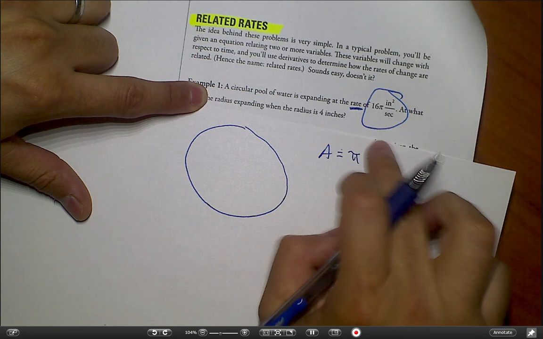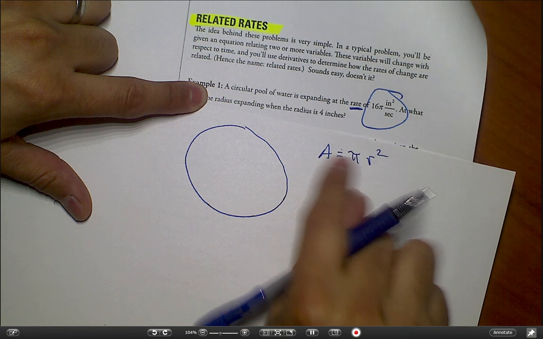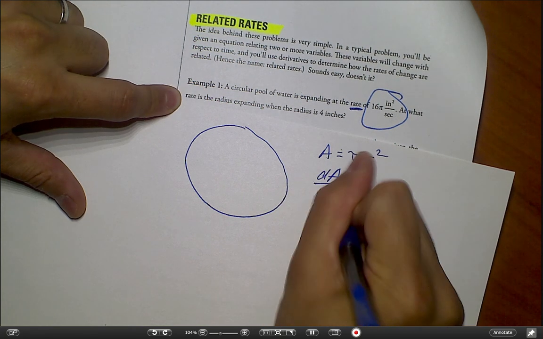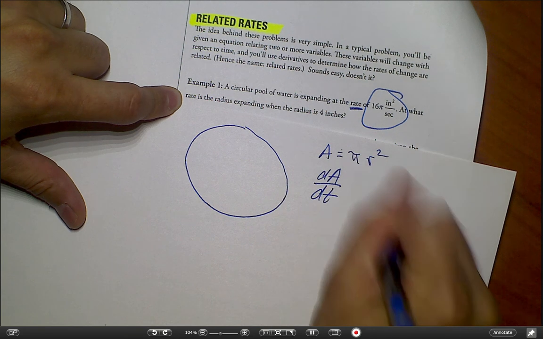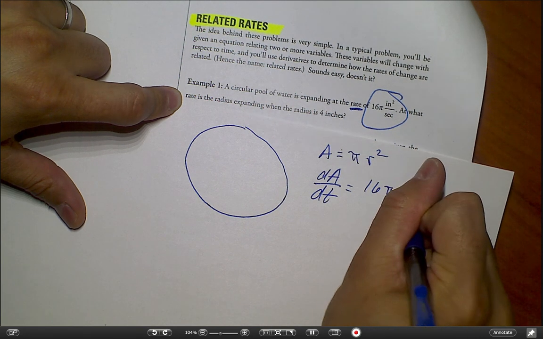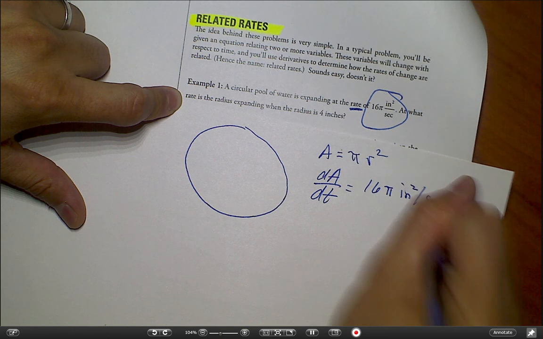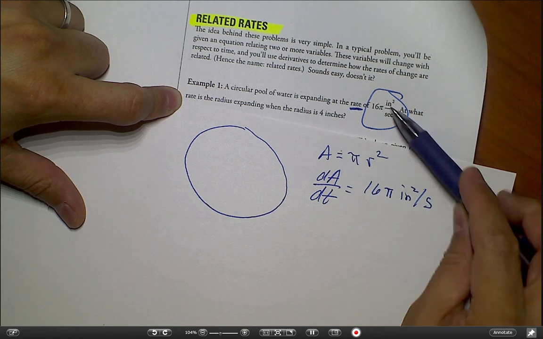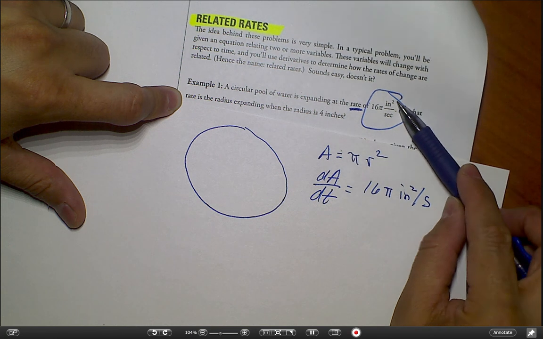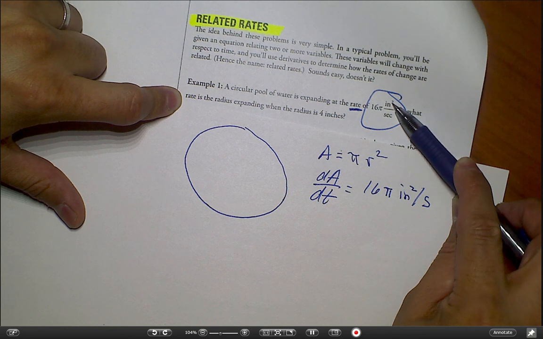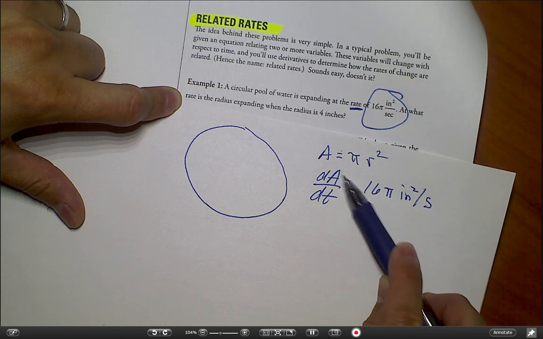So I know that my dA/dt is going to be 16 pi inches squared per second. The units help you out. It says this is square, right? Say yes. If it's inches squared, that's an area, isn't it? So if it's an area divided by time, that would be dA/dt.